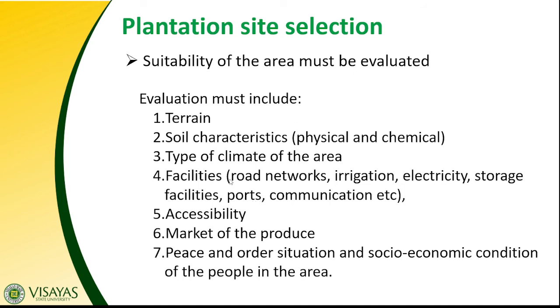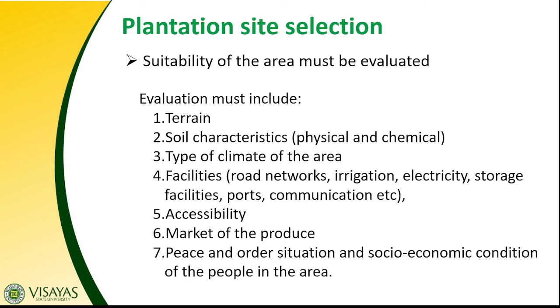And then the existing facilities, which refers to the road networks, whether it is accessible in going to the area and also to the market, and then irrigation, source of water, and then electricity, if we want to use it for applying irrigation water or if we are doing overtime work.